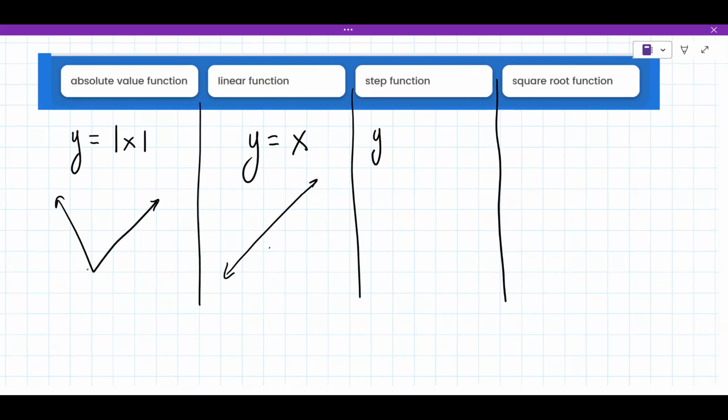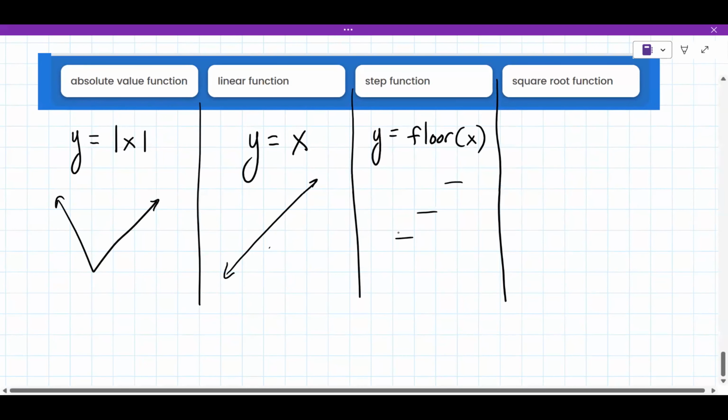Okay, now the next one, this is the one I was trying to look up. This one's a little bit awkward. I want you to graph y equals and type in the word floor, F-L-O-O-R parentheses x. It looks like there's stairs on the overlapping line. Exactly, yeah.